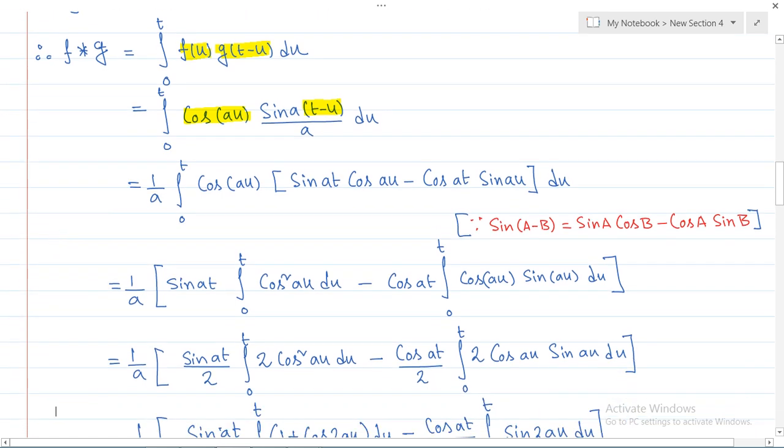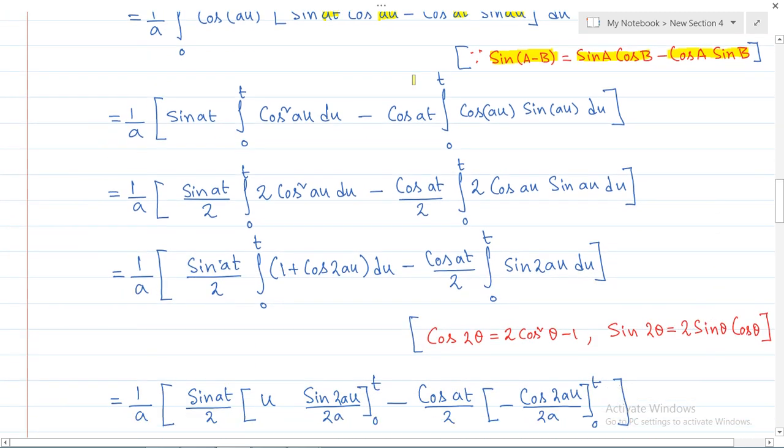We know the formula for sin of (A minus B), which equals sin A cos B minus cos A sin B. Using this formula we break sin of a(t minus u), so there are two terms, sin of (at minus au). We can split it as sin at cos au, that is sin A cos B, minus cos at sin au, that is cos A sin B. Since the integration is with respect to the variable u, we can treat t as constant.